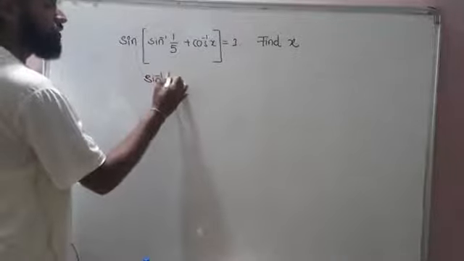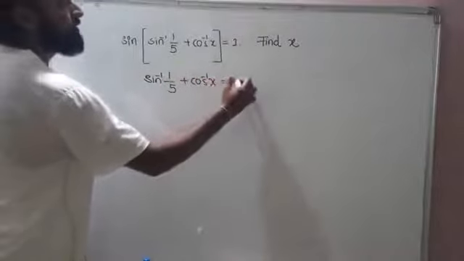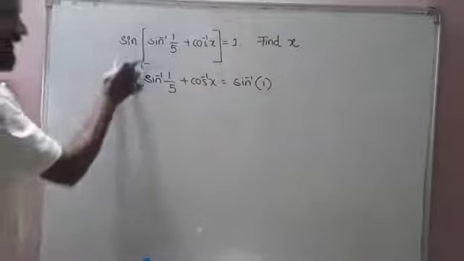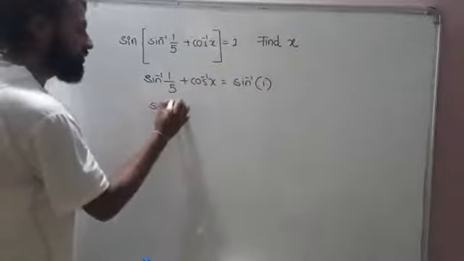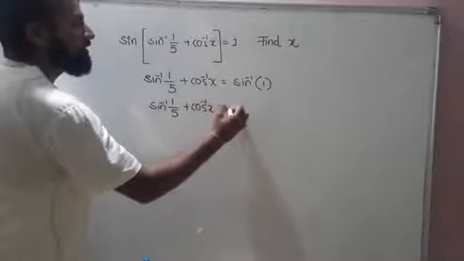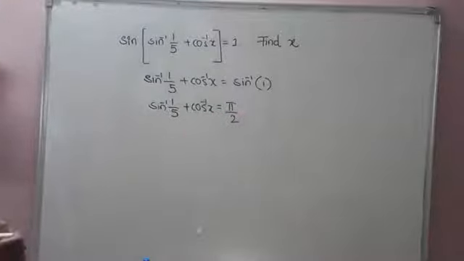Sine inverse of 1 by 5 plus cos inverse of x is equal to sine inverse of 1. Why? Sine goes that side, becomes sine inverse. So this is sine inverse 1 by 5 plus cos inverse of x is equal to pi by 2. And we know the formula. What is that?